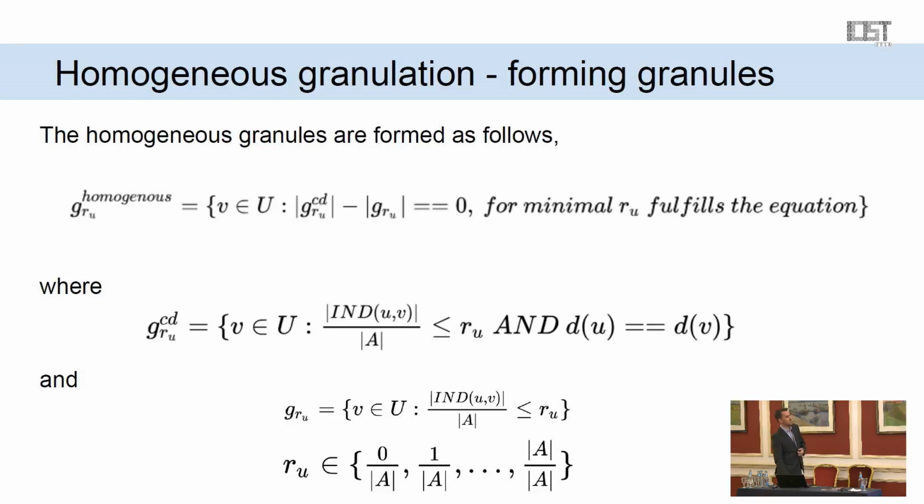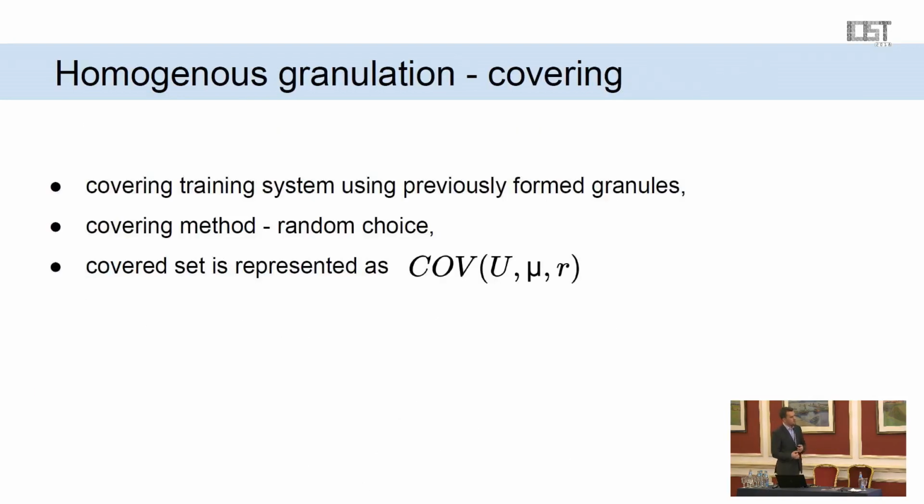There's only a small difference in how homogeneous granulation is made, because we are starting with the whole objects with all the conditional attributes, and then lowering the similarity ratio or increasing the indiscernibility ratio, and trying to find the optimal value. As a covering method, we chose a random choice because it showed good performance, better than the hierarchical one.